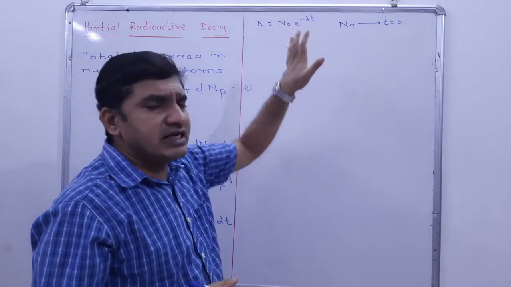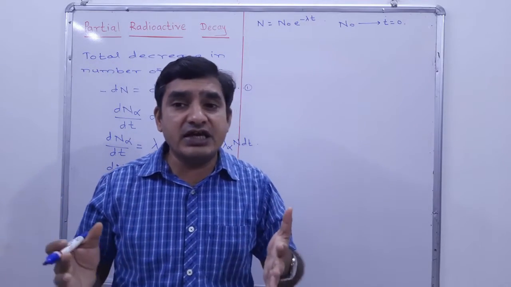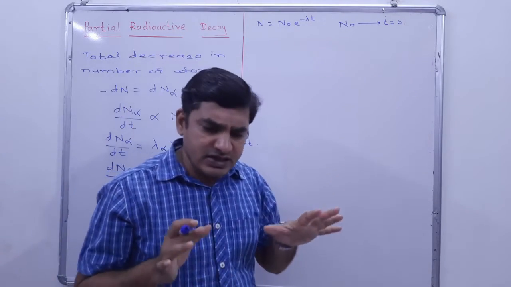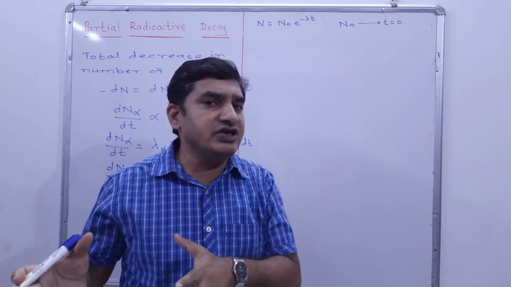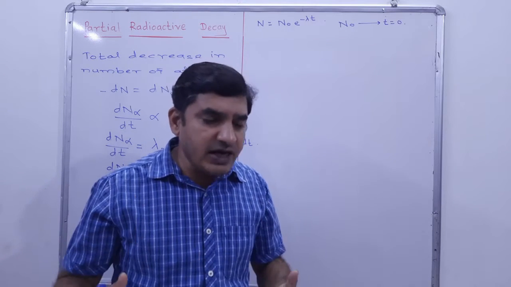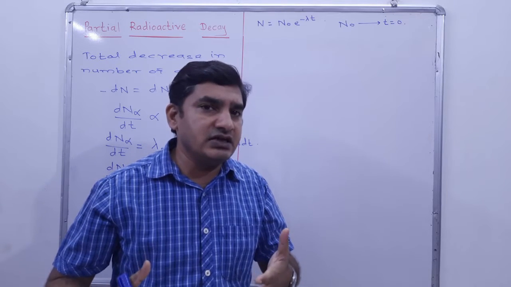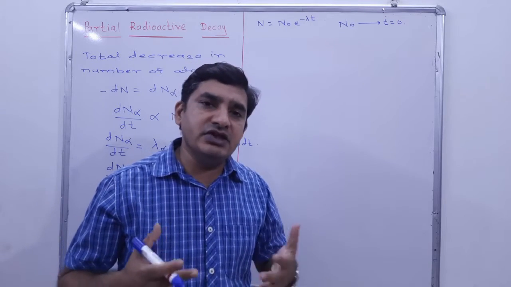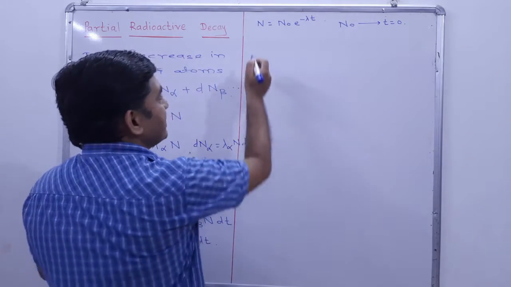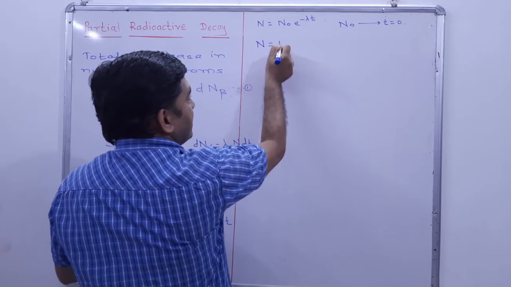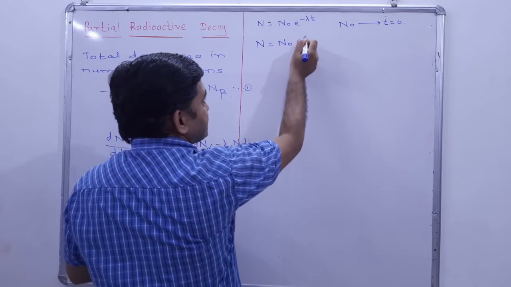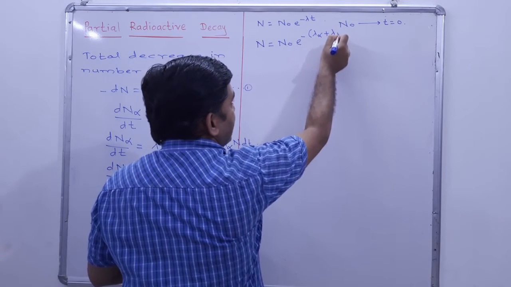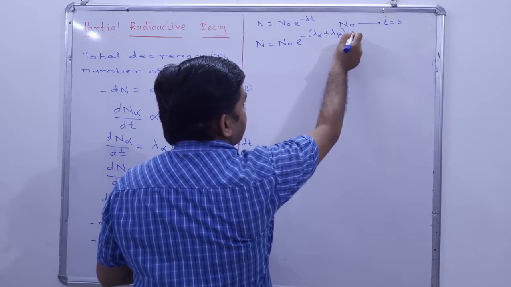In this case, we consider two modes of disintegration, the decay of alpha particles and the decay of beta particles. Therefore, N is equal to N0 e raised to minus lambda alpha plus lambda beta into t.